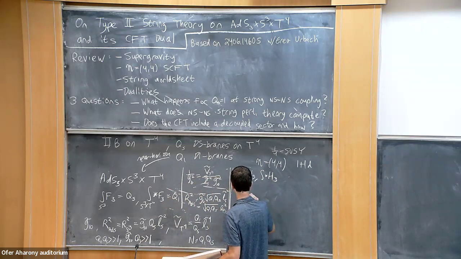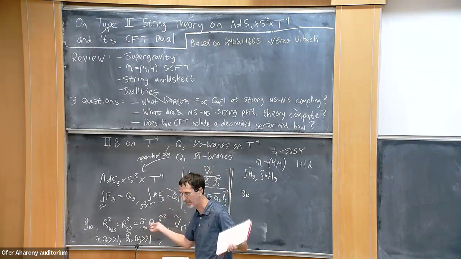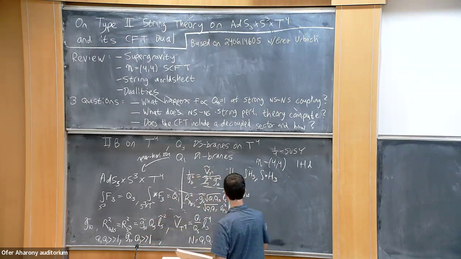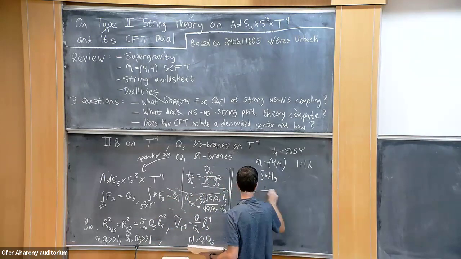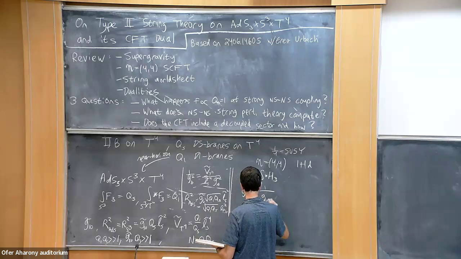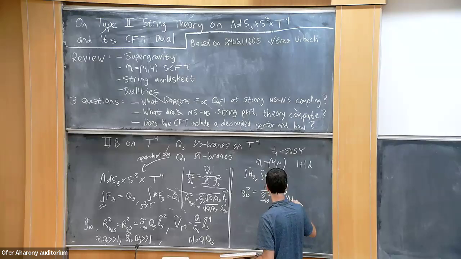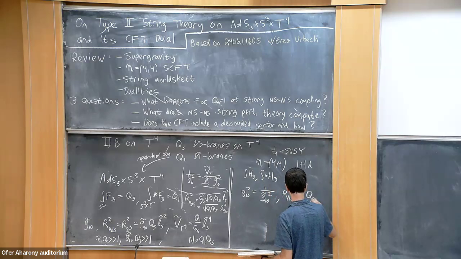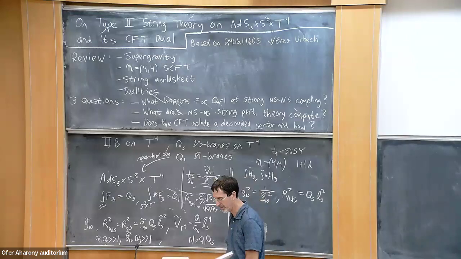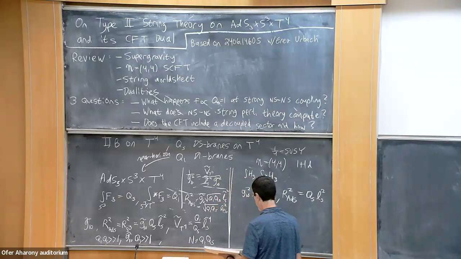So this is just an equivalent frame to look at the same background, related by S-duality. And of course, the 10-dimensional string coupling in this frame is just 1 over the 10-dimensional coupling that we had in the other frame. And then if we translate the parameters, we can see that in this frame, the AdS radius is just given by Q5 times the string length squared, with no extra factors of the coupling.